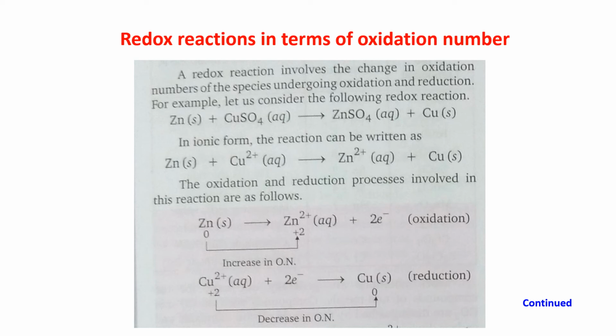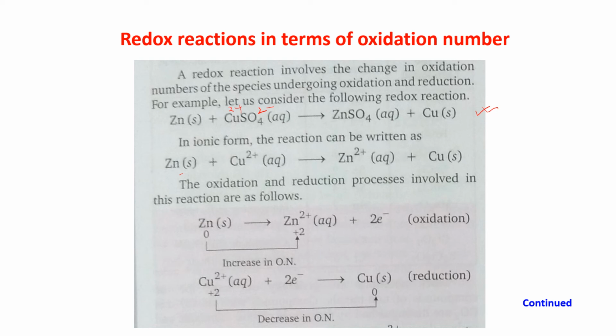Okay. Now, suppose I am having a reaction Zn plus CuSO4 giving you ZnSO4 plus Cu. So, first of all, we will write the ionic equation. Now, from CuSO4, SO4 2 minus, so Cu2 plus. Okay, so I have written Cu2 plus.